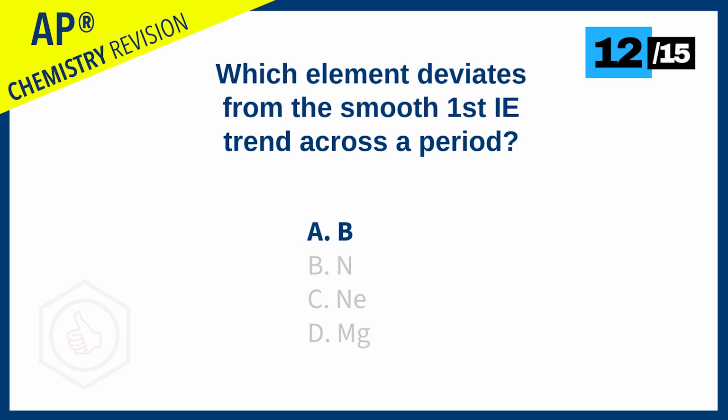This is explained as the electron that is removed from a boron atom comes from a 2p subshell, whereas the electron removed from the beryllium atom comes from a 2s subshell. The slightly higher energy subshell means it's slightly easier to remove the electron from boron compared to beryllium.